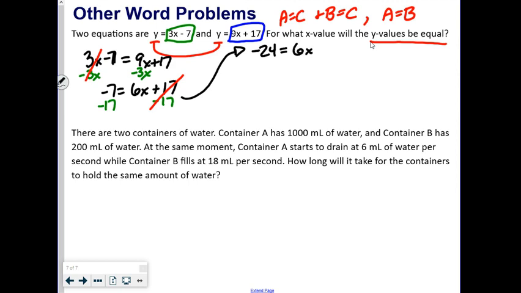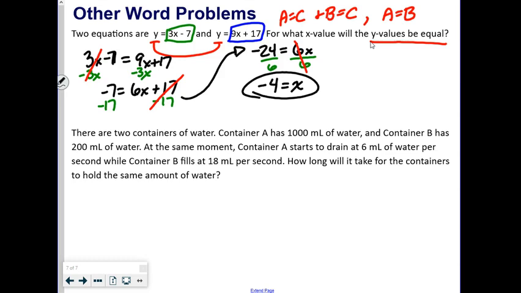And 6x. And then that's multiplication. To cancel it, we divide. Negative 24 divided by 6 is negative 4 equals x. So there you go. Negative 4 is the x value that will make the y values equal to each other.